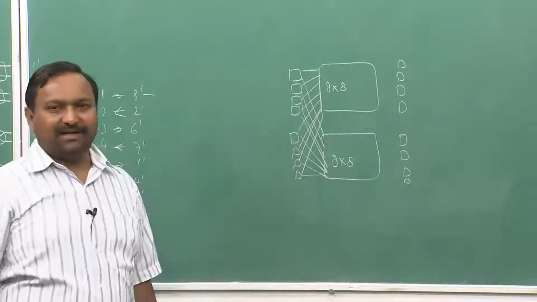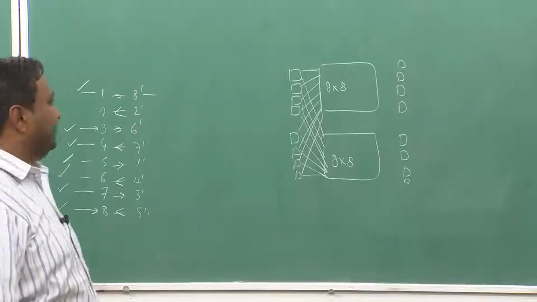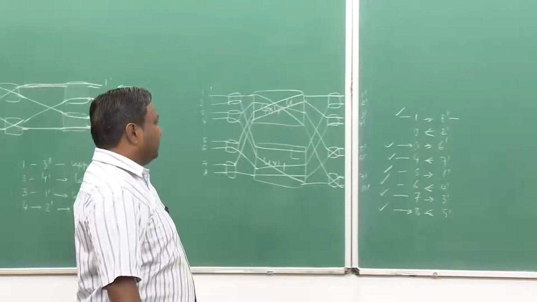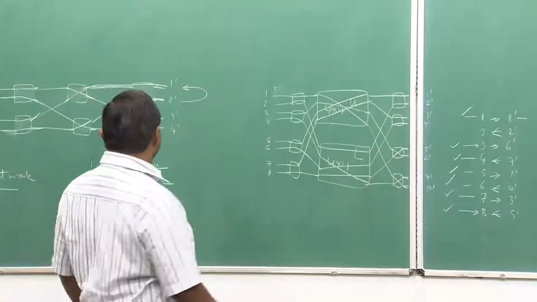Similar kind of thing on this side, it becomes a 16 by 16 Baseline network. Okay. Baseline network basically I have to replace this by here.